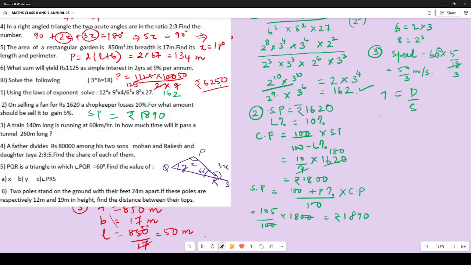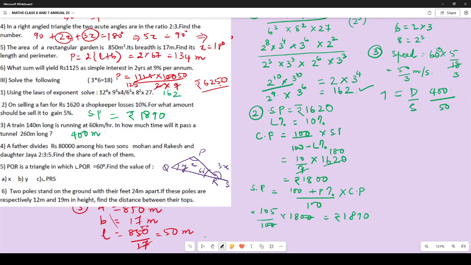Time is equal to distance divided by speed. So distance is how much? 140 meters plus 260 meters, that makes it 400 meters, right? So 400 meters divided by 50 by 3, so that makes it 50.